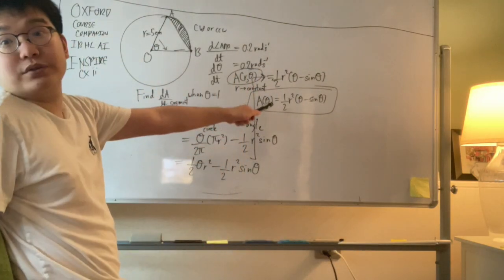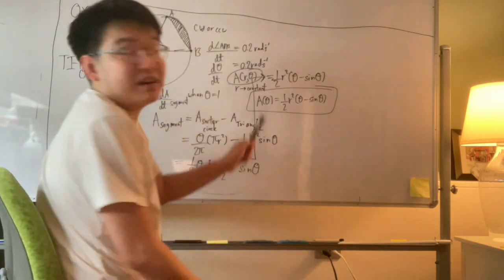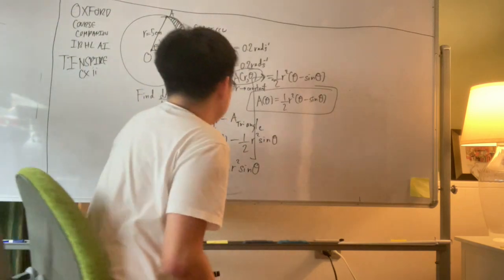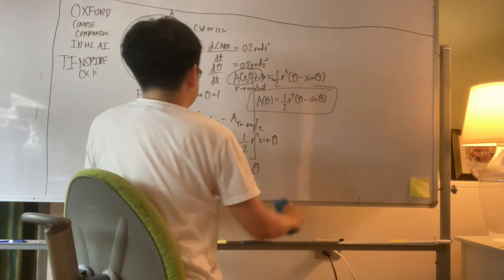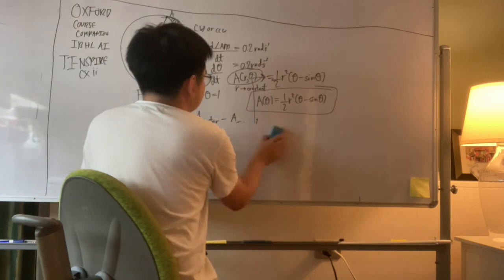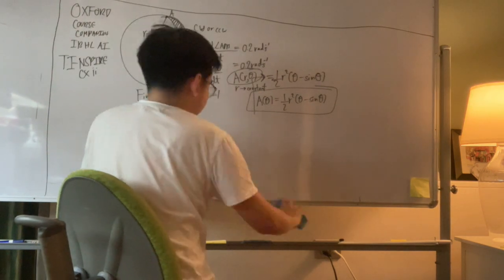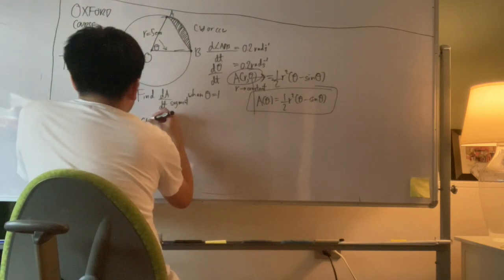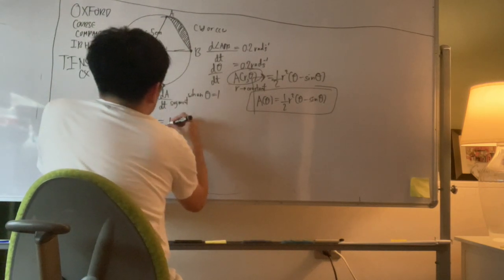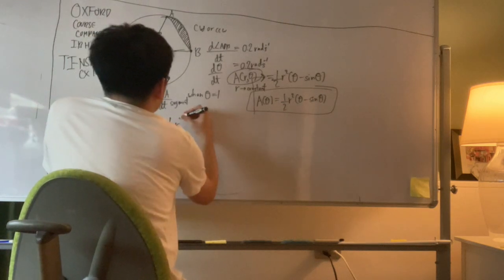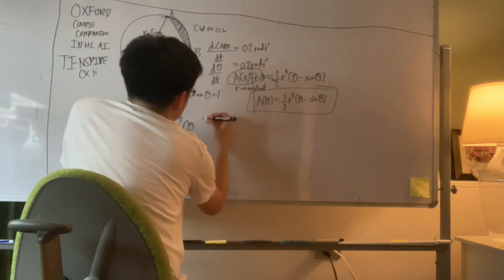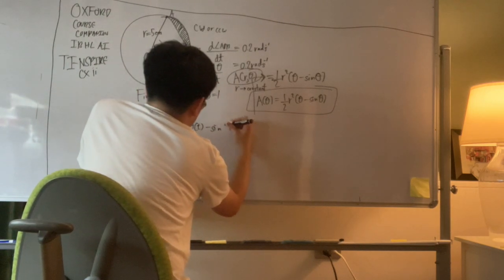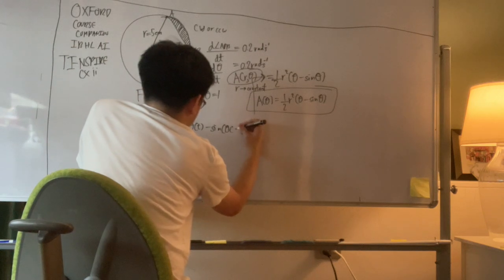So actually, first let's compute the derivative of this with respect to time. That means this theta is a function of time as well. It's just a nasty composite function. A of theta of t equals 1/2 r squared, and r is constant, thank God for that, times theta of t minus sine theta of t.